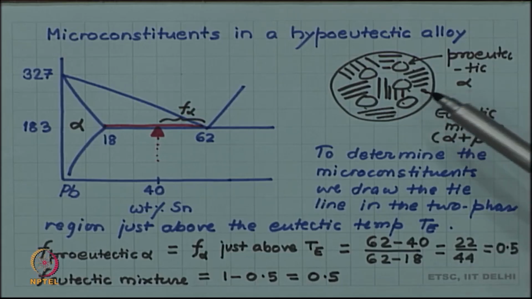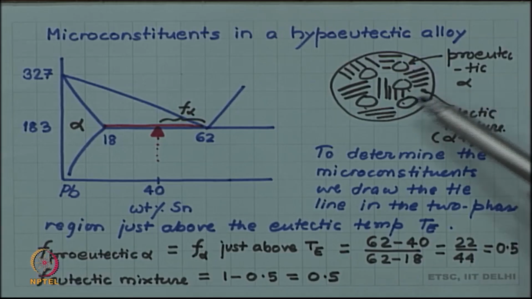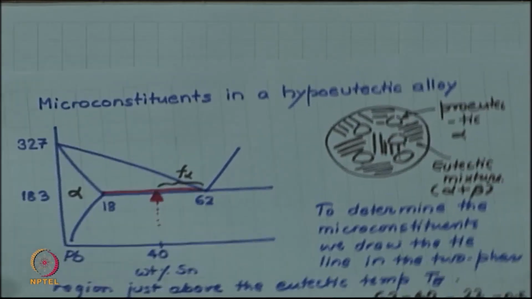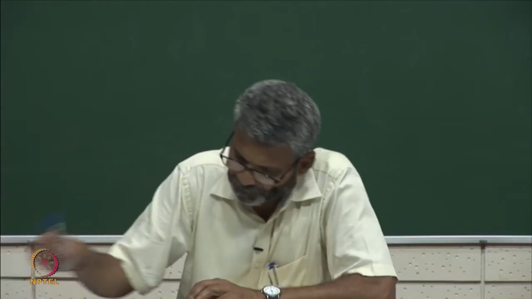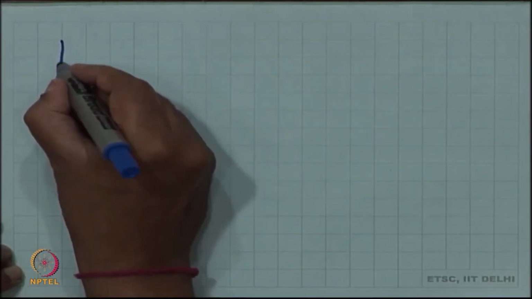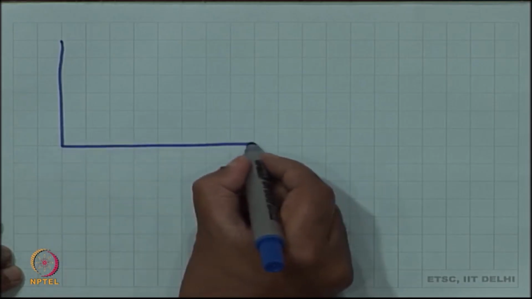Total alpha is, some of it is pro-eutectic alpha and some is part of the eutectic mixture. So, then you may like to know what is the total alpha and total beta in the alloy. If you wish to do that, then you have to apply the lever rule just below the eutectic temperature.